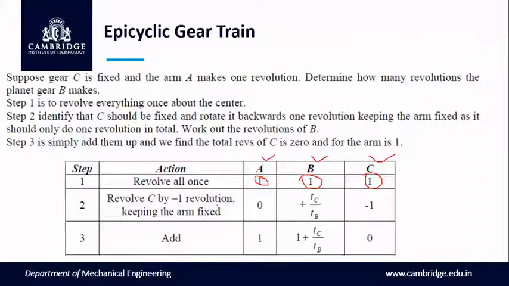If we keep the arm fixed, the arm cannot rotate, so the arm will be 0 and C will be -1. Then B will be at the ratio TC by TB. If we add everything, 1 plus 0 is 1, B is 1 plus TC by TB, and 1 minus 1 is 0.